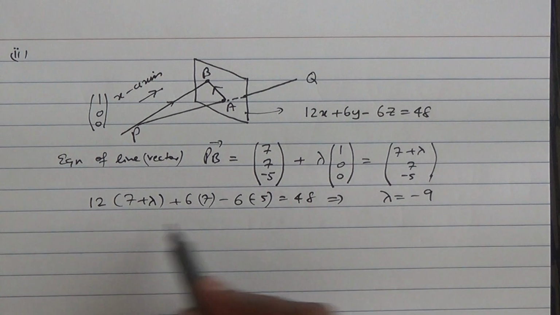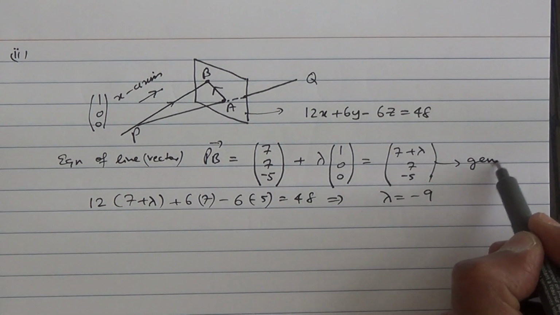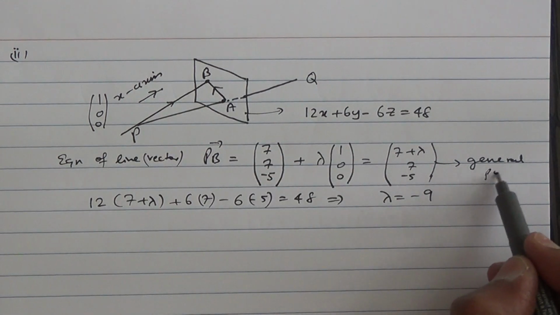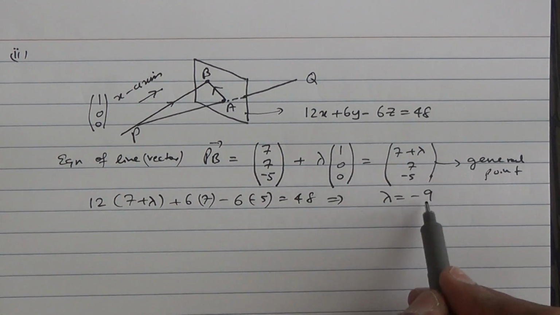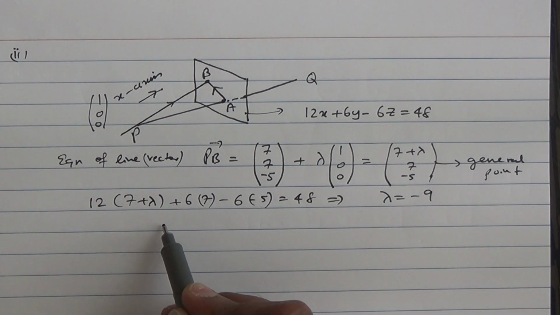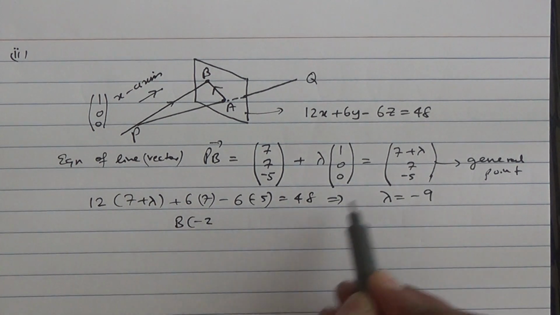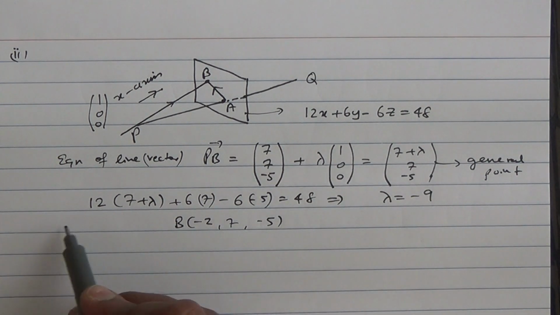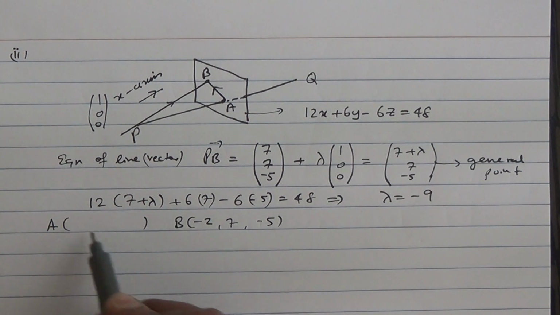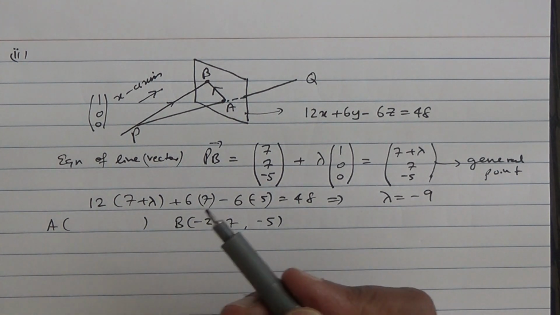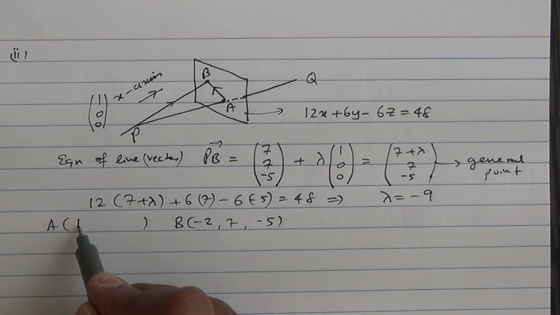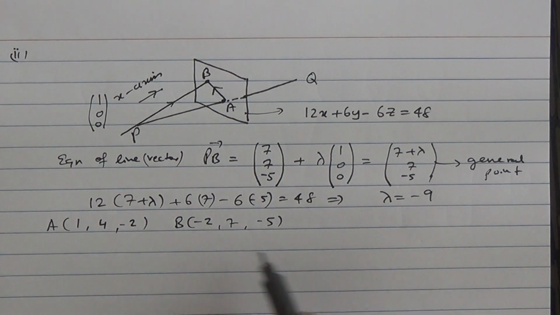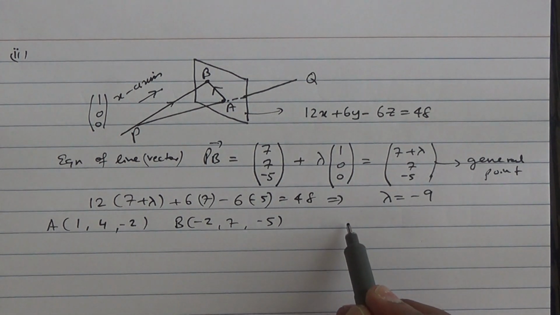Substituting minus 9 here, we can get a general point. Remember, this is a general point on the line PB. So 7 plus minus 9 is minus 2, then we got 7, and then we got minus 5. So we have A from the first part of the question, which was found to be 1, 4 and minus 2. Therefore we can find the vector AB.